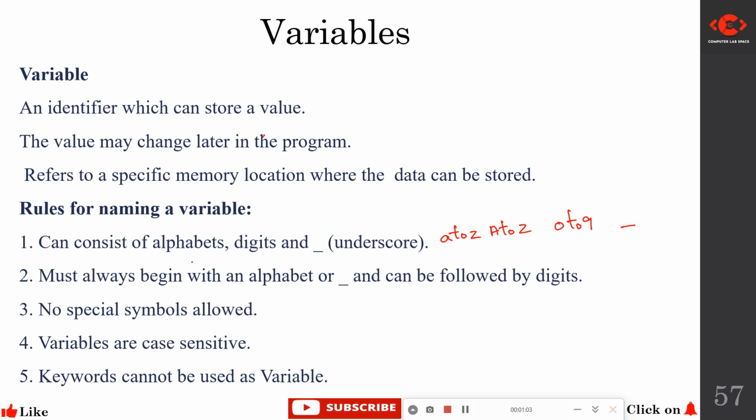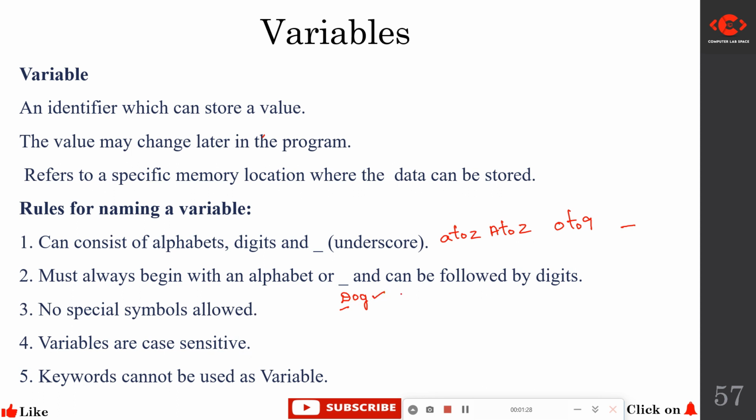Okay. Then the variable name can begin with alphabet or underscore, and later it can be followed by digit, but the variable name should not begin with digit. For example, if I take any variable name like dog, yes, it started with alphabet and it is followed with the alphabets only.